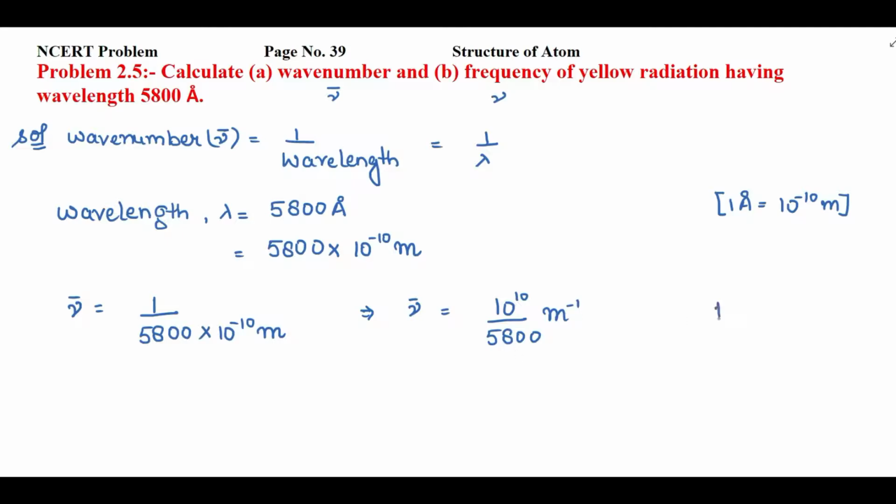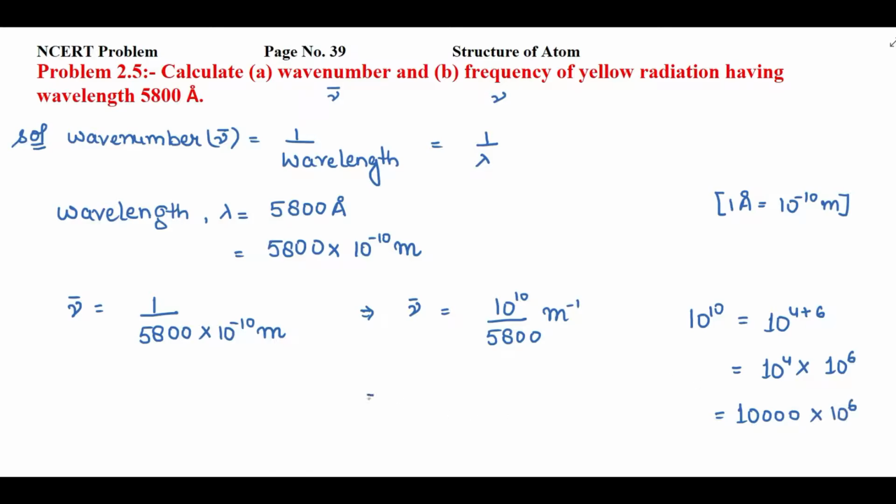Can I write 10 raised to power 10 as 10 raised to power 4 plus 6, right? If I am having 4 plus 6, that will be equal to 10. So 10 raised to power 4 plus 6 means we are having powers in multiplication, so it will be 10 raised to power 4 into 10 raised to power 6. Now 10 raised to power 4 means I am having 4 zeros with this 1, into 10 raised to power 6.